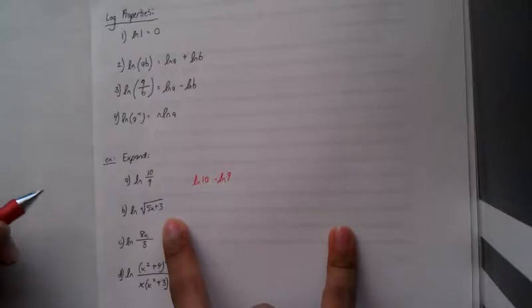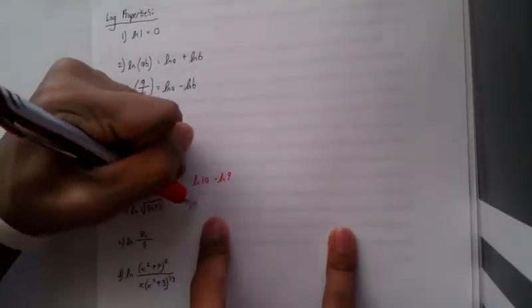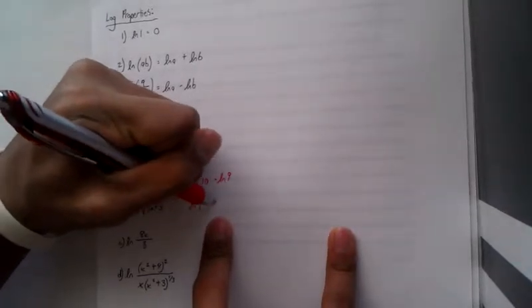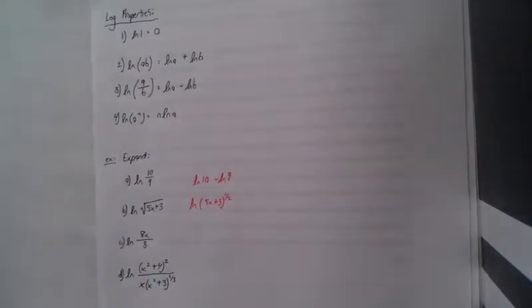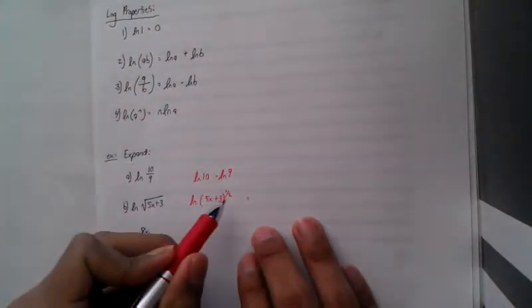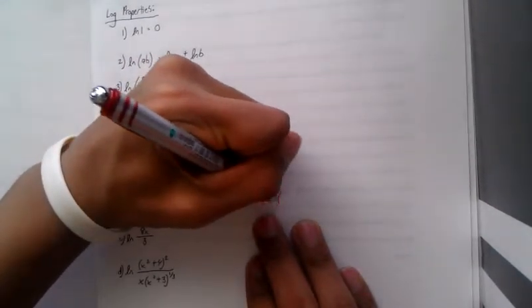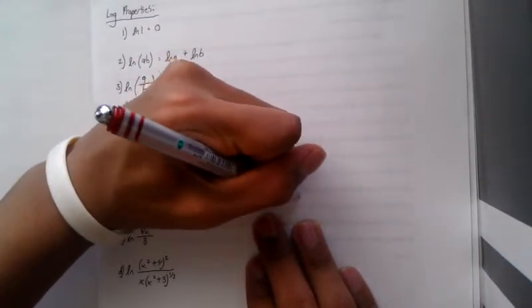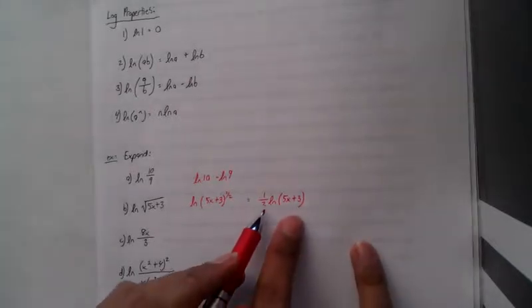This next one, essentially it's natural log of 5x plus 3 to the 1/2. When you expand that one, you can bring this 1/2 to the front, (5x plus 3). And so this is going to be your expanded form.